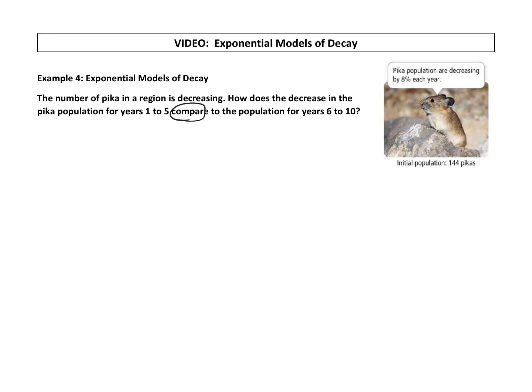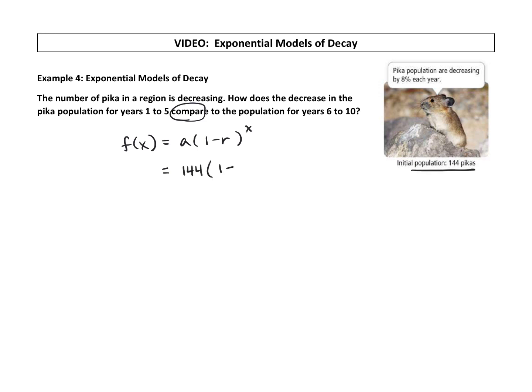So first, let's write an exponential model for this decay. Because it's a decay, f of x equals a times 1 minus r to the x power. So a is going to be the starting population, or the initial population they told us was 144.